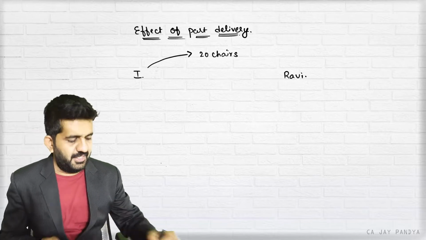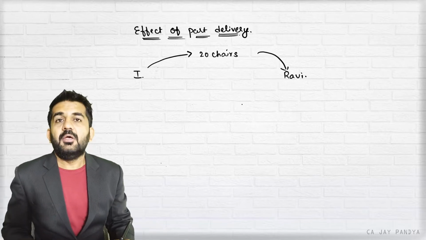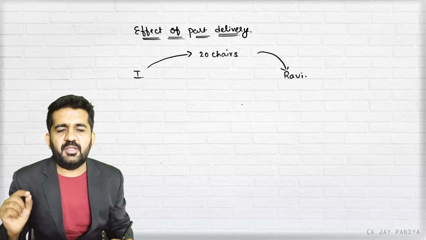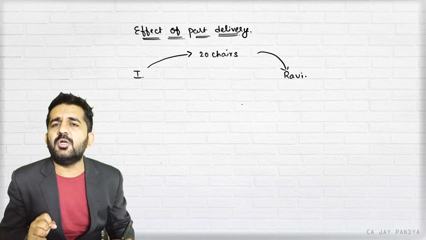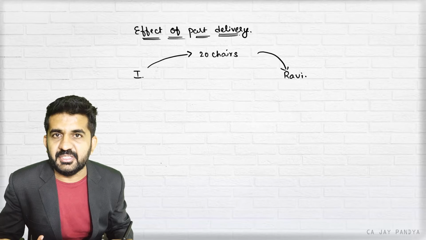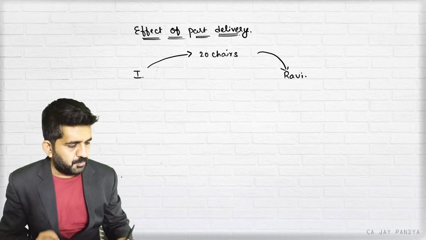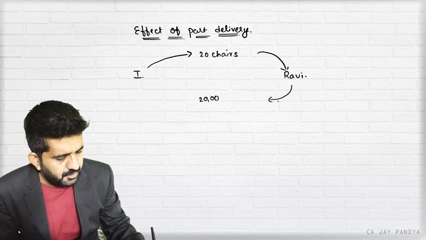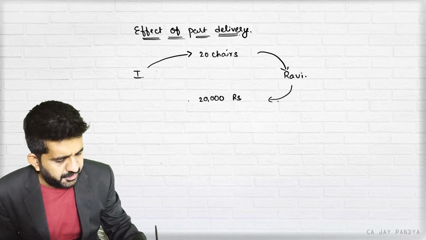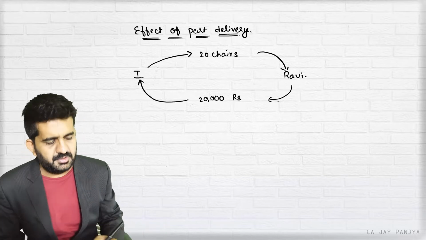I will be selling him 20 chairs. Believe me, in these rules of delivery, this is one of the most difficult points. Other points are extremely easy, so try to concentrate on this one. And Ravi will be paying me 20,000 rupees.